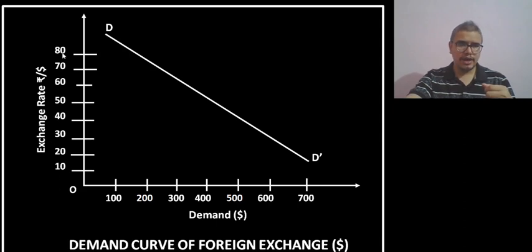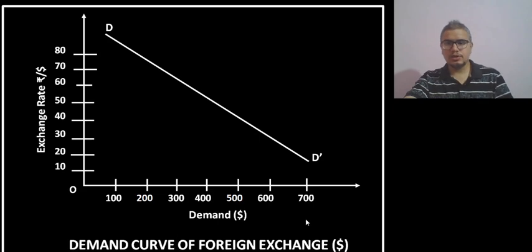Okay, here we have plotted the exchange rate, that is rupee per dollar, on the vertical axis, and demand for dollars, that is $100, $200, $300, $400, and similarly increasing, on the horizontal axis.